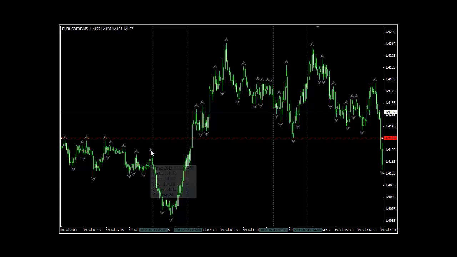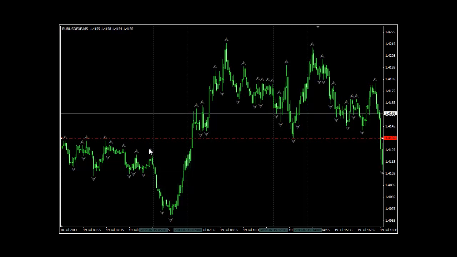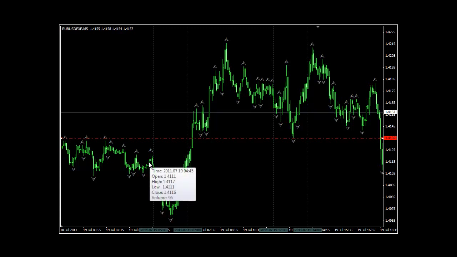The way it's classified and how this indicator determines this as a high, it has a candle with at least 2 lower candles. In other words, each candle preceding this one at the highest point must have lower highs than it, and vice versa.